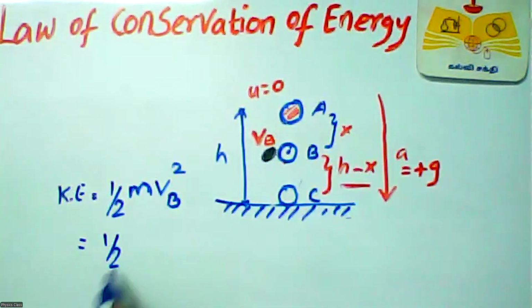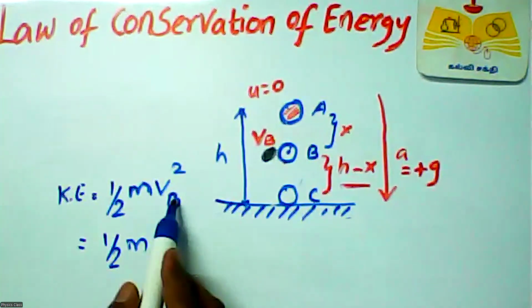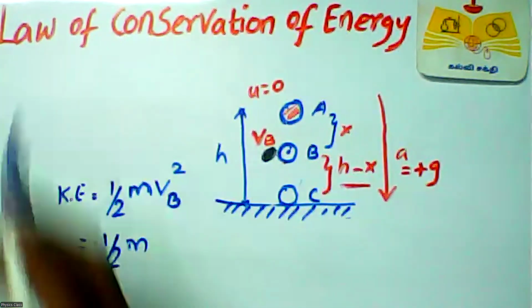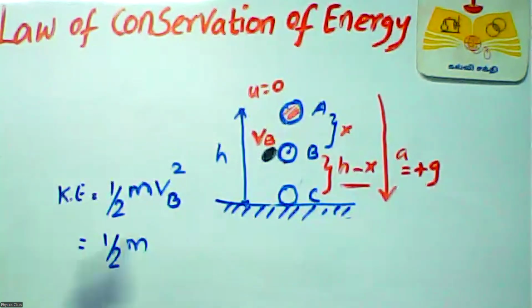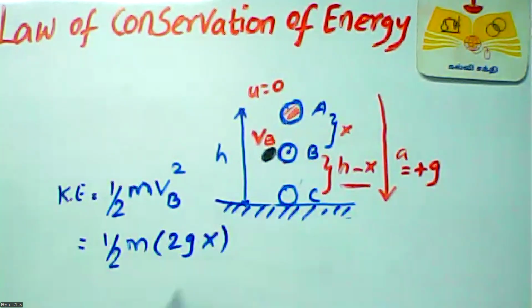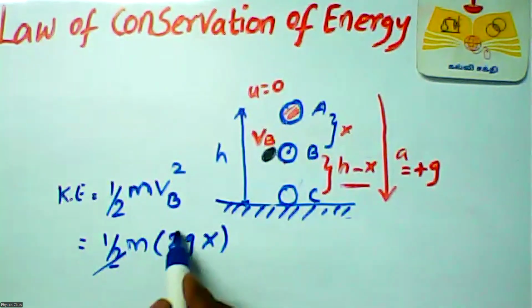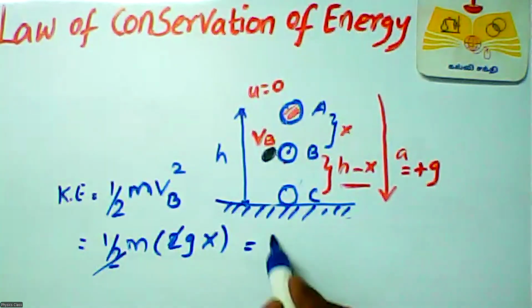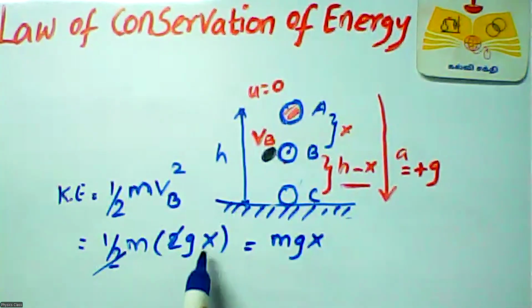Half m VB square. You can recall the equation for VB square. That is 2gx, right? You can cancel out 2. So you get mgx. That is the kinetic energy at position B. So now you have potential energy and kinetic energy.